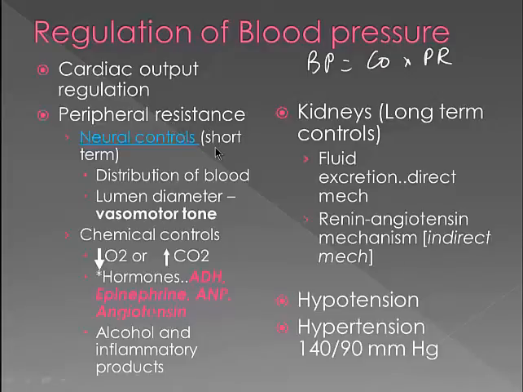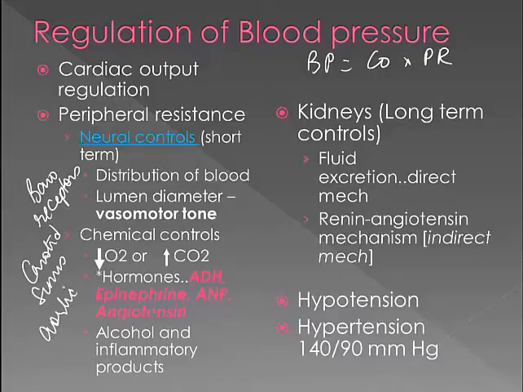There are some short-term controls, and this is under the nervous system. These short-term controls are called neural controls, and they are through what are known as baroreceptors, and these are present in the carotid sinus and aortic arch.